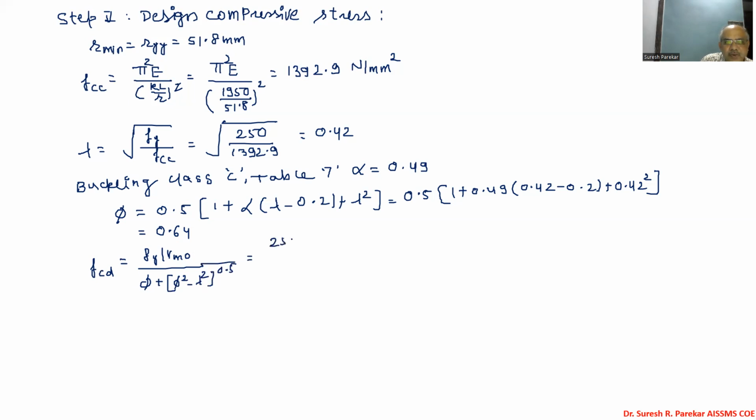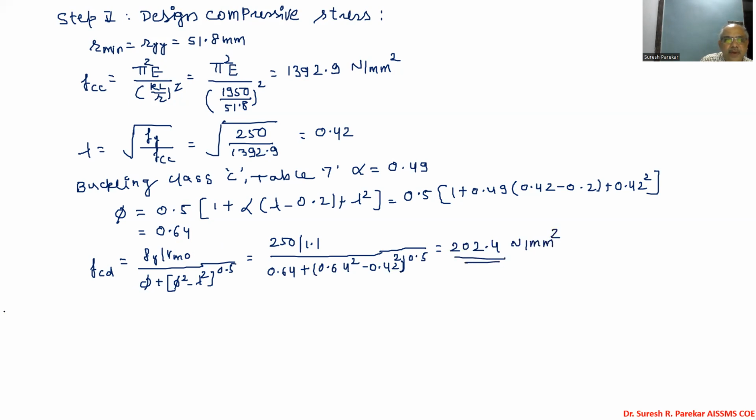And then we will get 250 divided by 1.1 upon 0.64 plus (0.64 square minus lambda, we have 0.42 square) and whole to the power 0.5. And this value comes to 202.4 Newton per mm square.